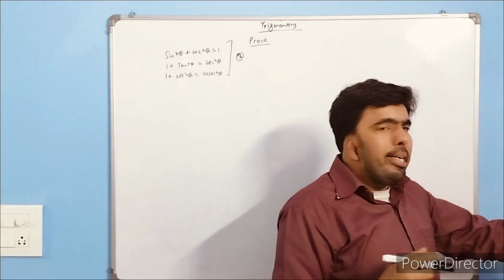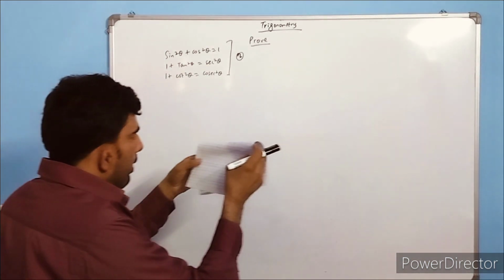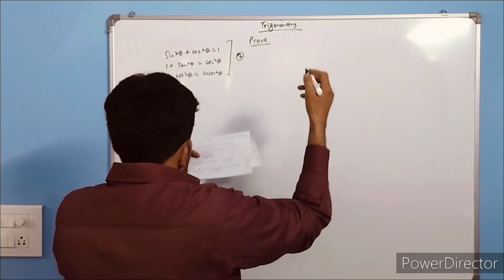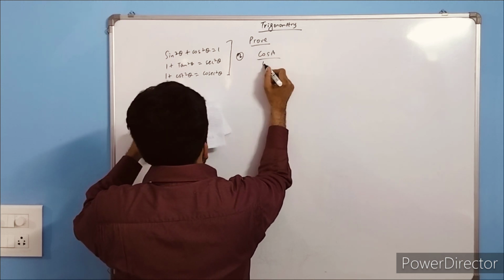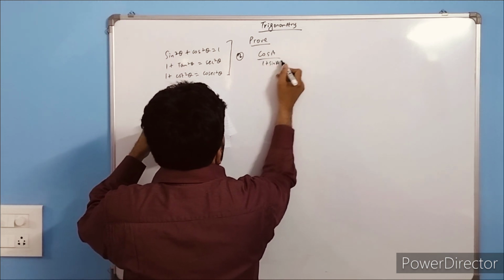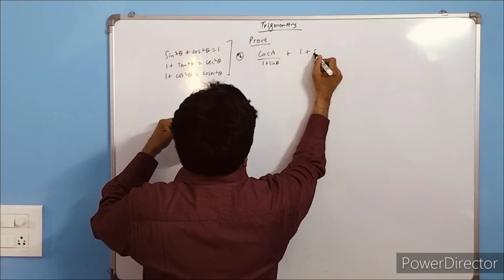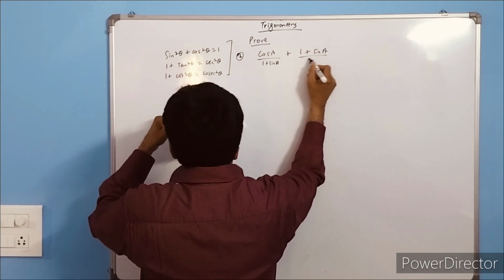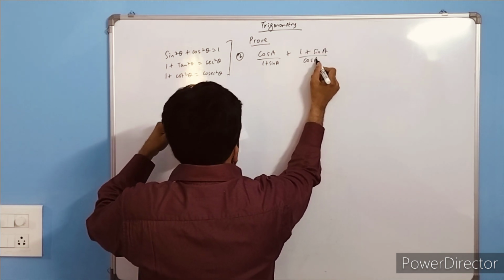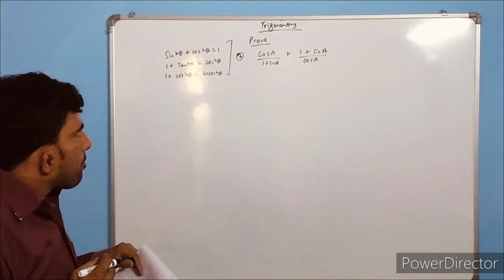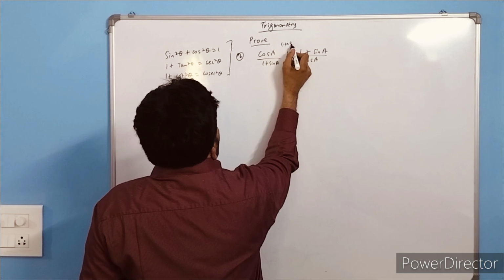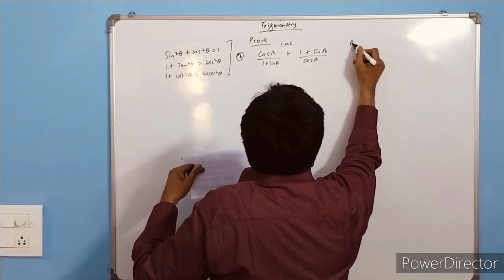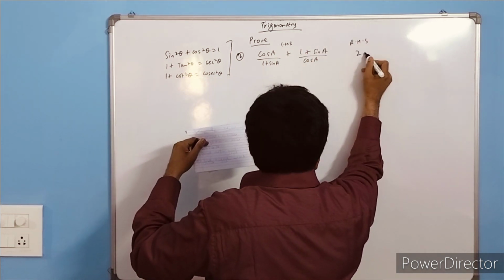So in the second case, what they have given in LHS is cos A upon 1 plus sin A plus 1 plus sin A upon cos A. Now see, this is LHS. Now RHS they have given is 2 cosec A.